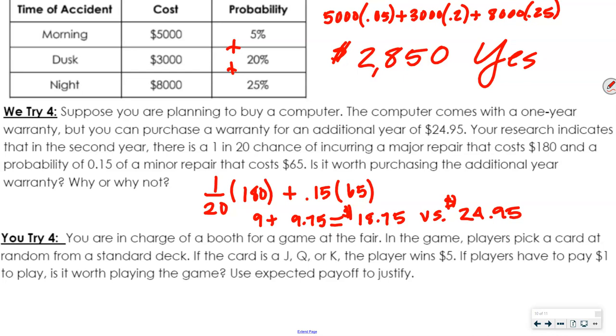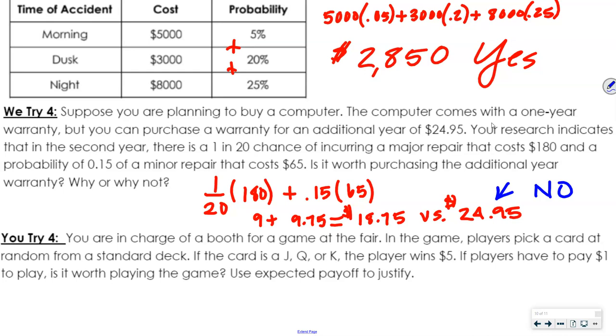For a lot of people, they would say no, because this is too much. The difference is what? About, what is that, $6? A little more than $6, actually. So that's the difference. What is that? $24.95 minus 18.75.